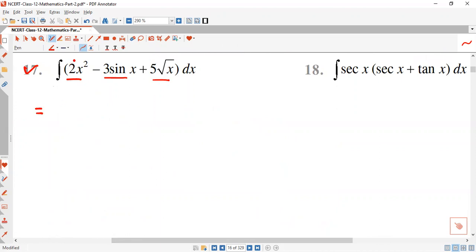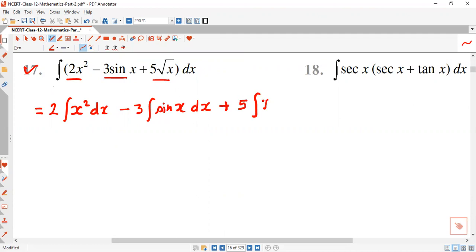First, 2 is a constant taken outside, integration of x square dx, minus 3 taken outside as a constant, sin x dx, plus 5 constant taken outside, root x. Root x can be written as x raised to half, as you have seen all the times.